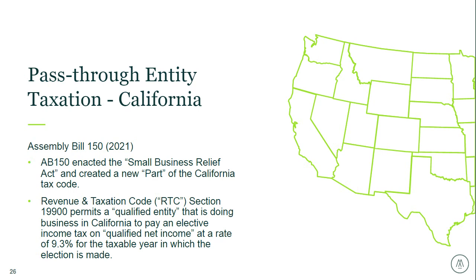Afterwards, the owners receive a credit for the taxes paid by that partnership and S-corp. So as a result, the owners are able to bypass that federal $10,000 cap limitation on income from the partnerships and from the S-corporations. So AB 150 is part of a new California code that allows for this election, but it's an election and it's not mandatory.